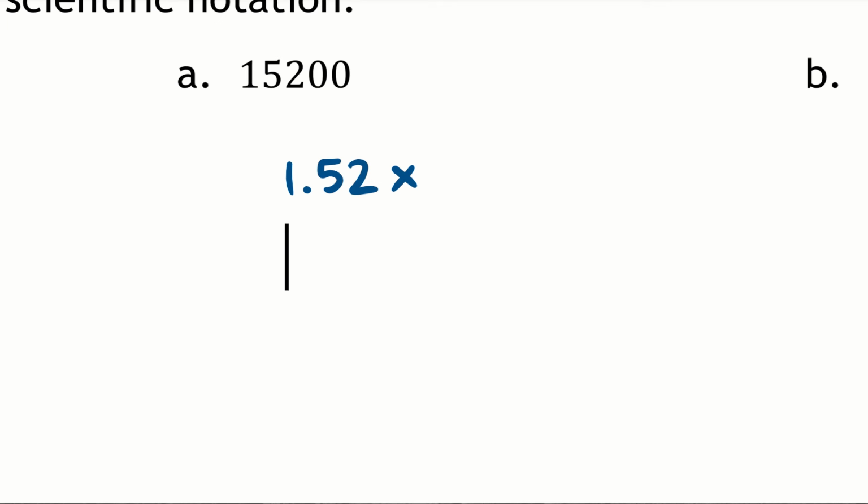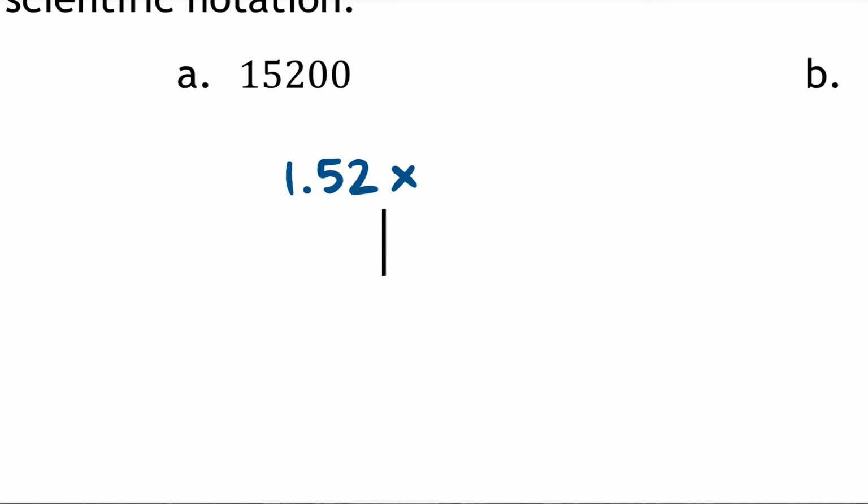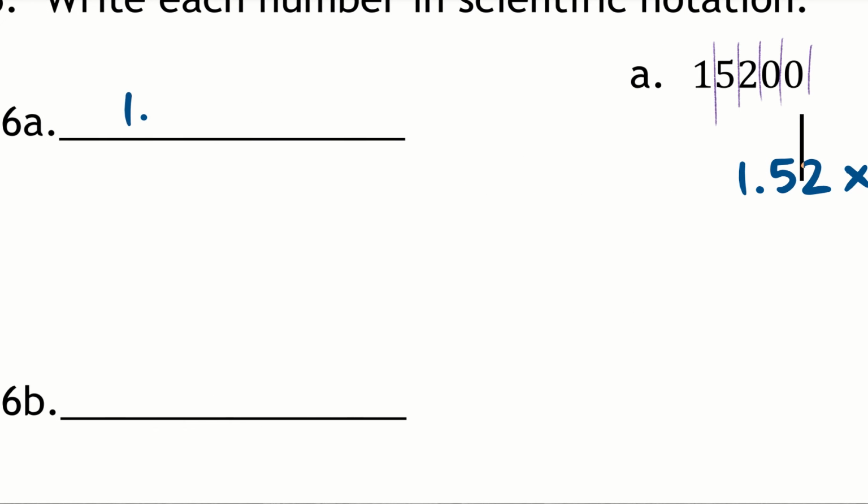If I multiply by 10, it puts it here. That's 1 ten, 2 tens, 3 tens, 4 tens. So I'm going to need to multiply this by 4 factors of 10, or 10 to the 4th power. So my answer for A is 1.52 times 10 to the 4th. 1.52 times 10 raised to the 4th power.